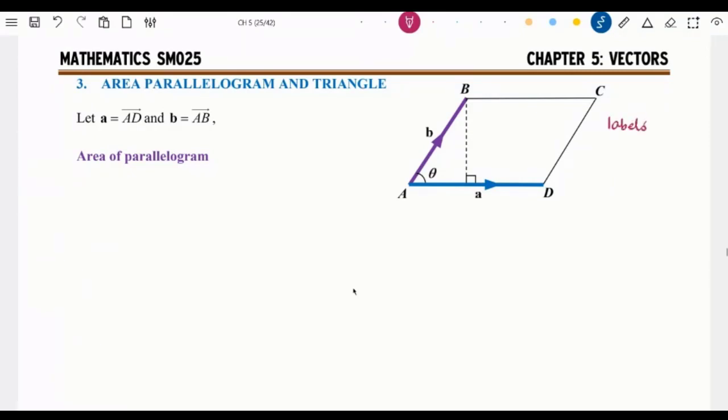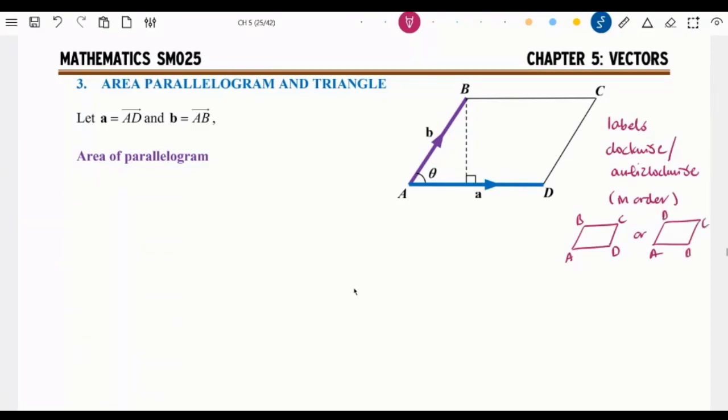Labels must be clockwise ataupun anti-clockwise. Okay, dia mesti in order. Dia tak boleh bersepah. So A, B, C, D.